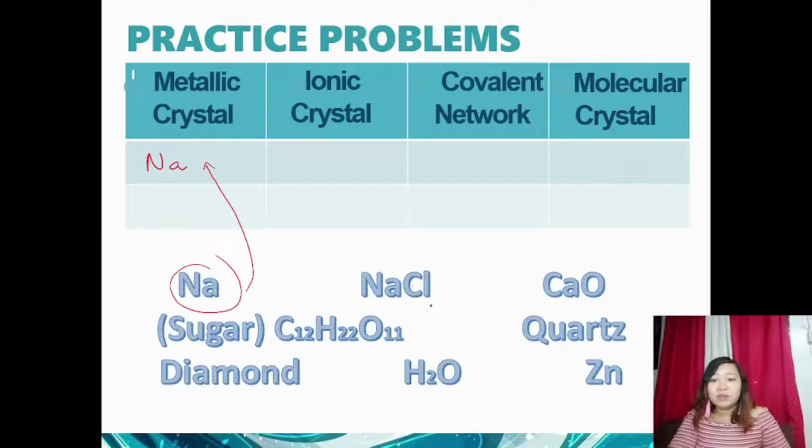Next, we have sodium chloride. Sodium chloride is what type of compound? Take a look at the components. We have sodium ion and chloride ion. So these are made up of two oppositely charged ions. It is an ionic compound, therefore, in solid state, it is an ionic crystal.